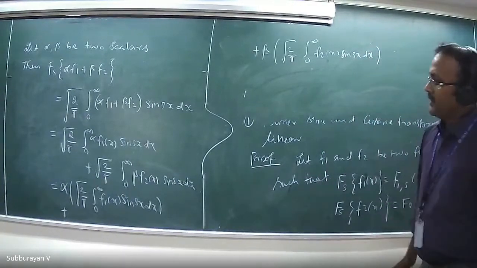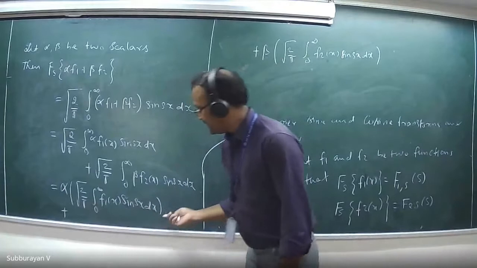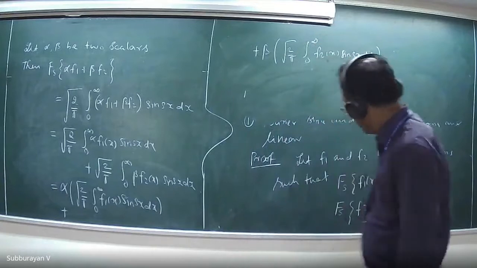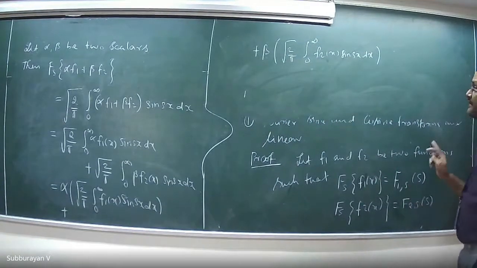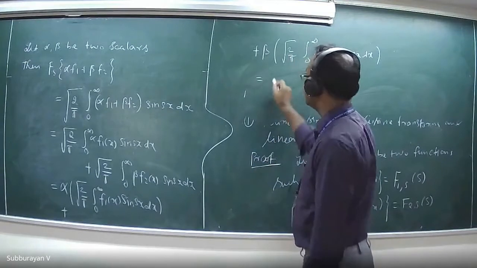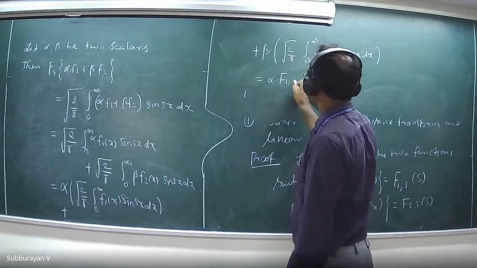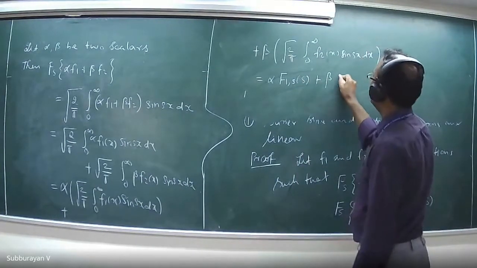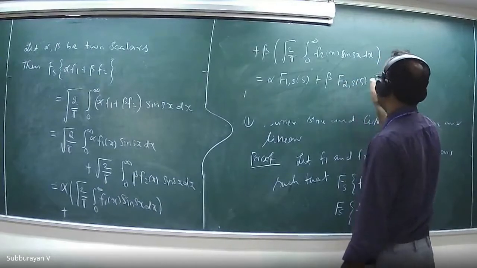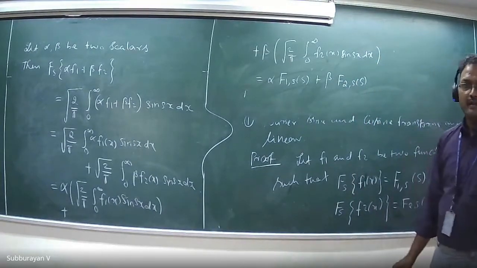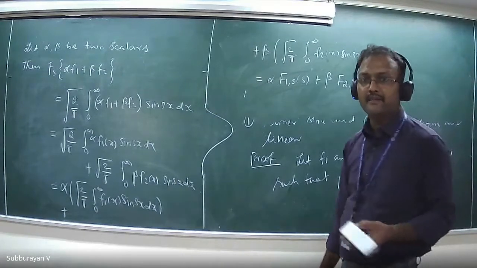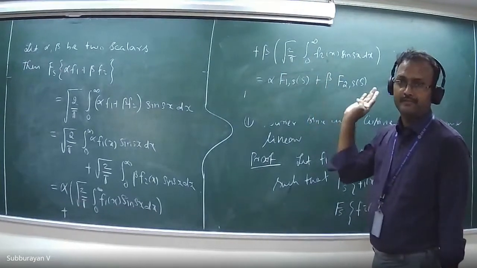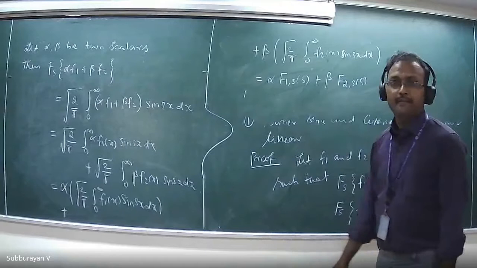Now what is the expression inside the parentheses? That is nothing but the Fourier sine transform of f1 of x, denoted as f1 comma s of s. Therefore one can write this as alpha into f1 comma s of s plus beta into f2 comma s of s. That is, we proved that the Fourier transform of a linear combination of two functions is equal to the linear combination of their Fourier transforms. So this is the linear property.